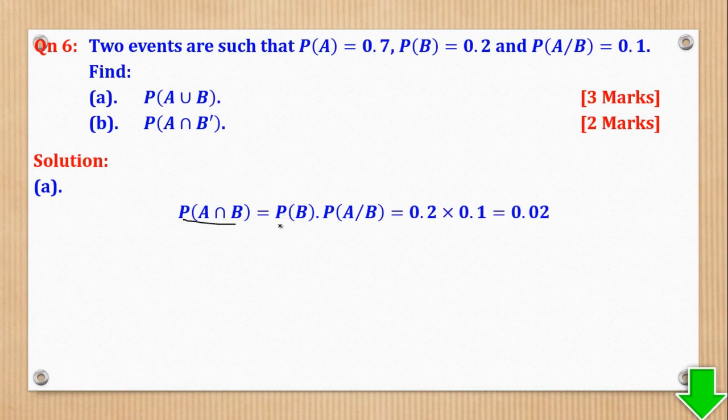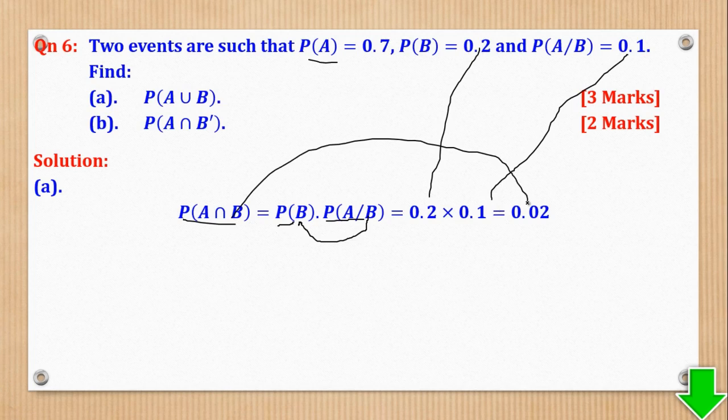It will be probability of B times probability of A given B. Like I told you, what is here is what should appear here. That's why I'm using probability of B and not probability of A. So when I substitute, probability of B is 0.2, probability of A given B is 0.1. So probability of A intersection B will be 0.02.